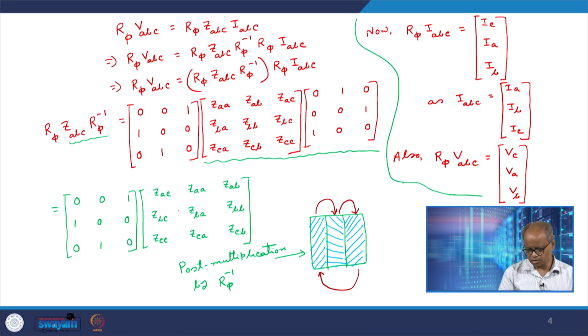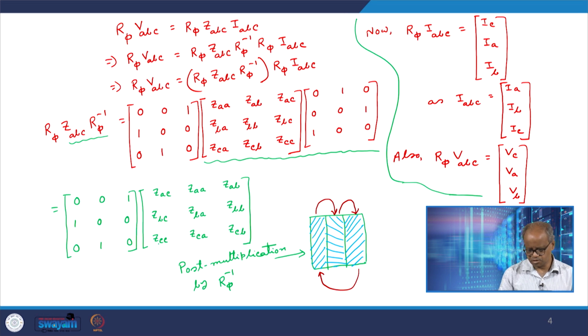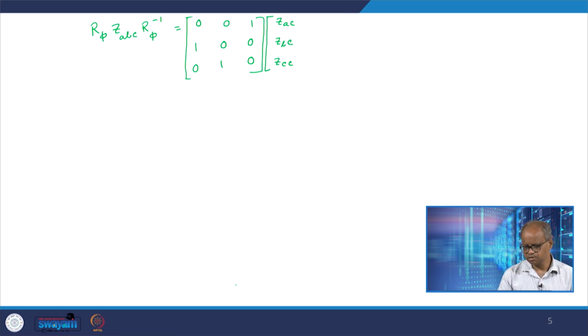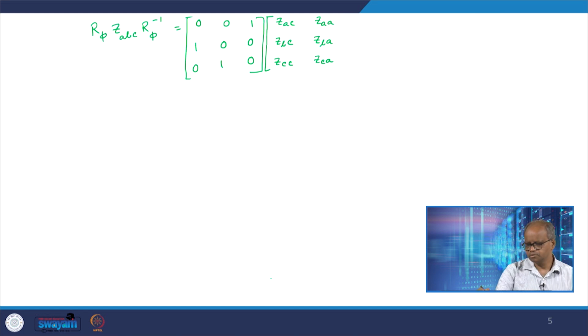So ZABC into R phi inverse is ZAC, ZBC, ZCC, that is the first column, then ZAA, ZBA, ZCA, and then ZAB, ZBB, ZCB.